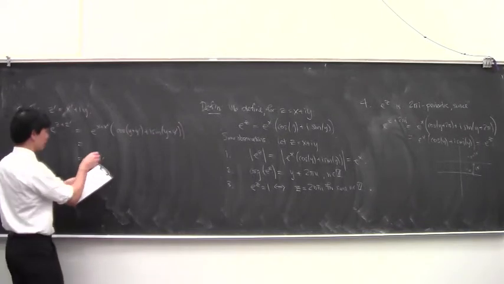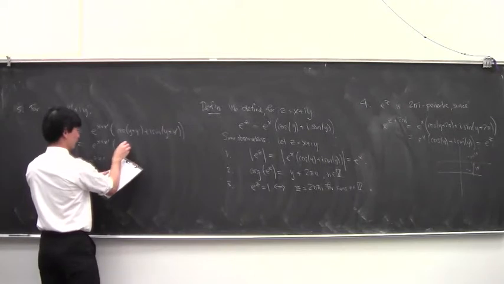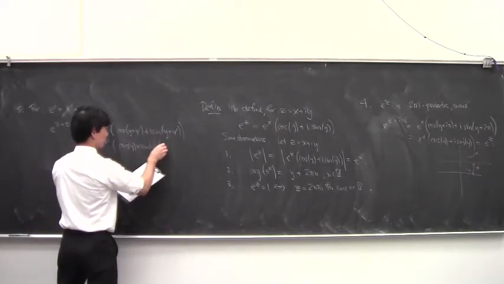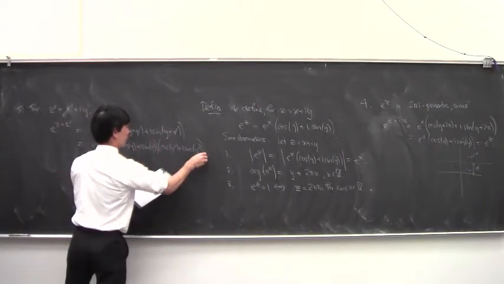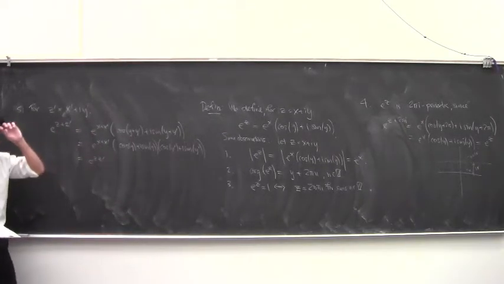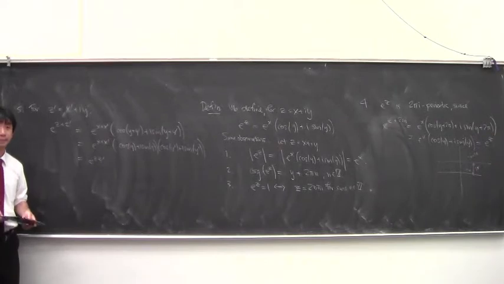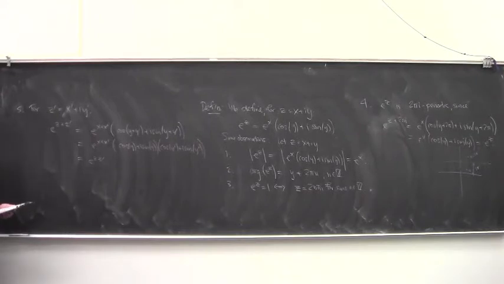In fact, you get e to the x plus x prime, then cosine y plus i sine y, times cosine y prime plus i sine y prime, from the addition formulas for the cosine and the sine, and that will give you this. So the exponential function actually does behave as you would like it to.